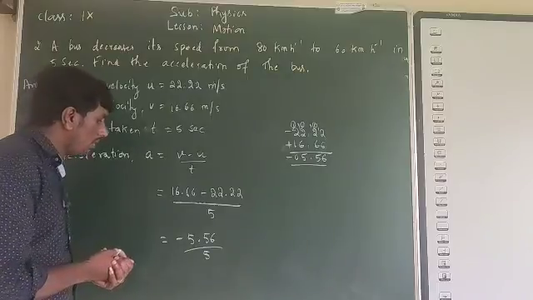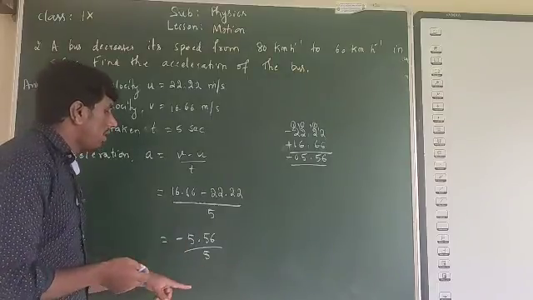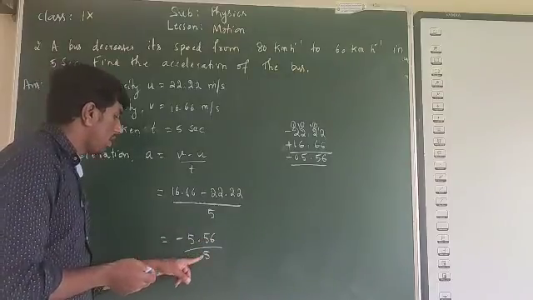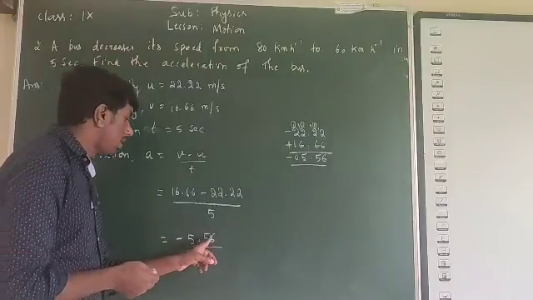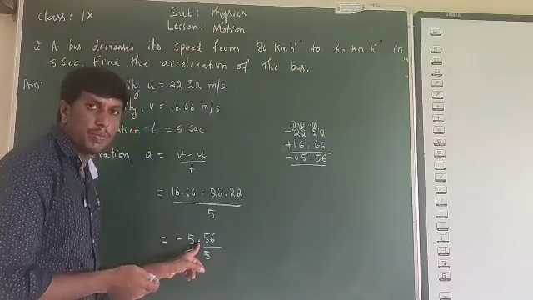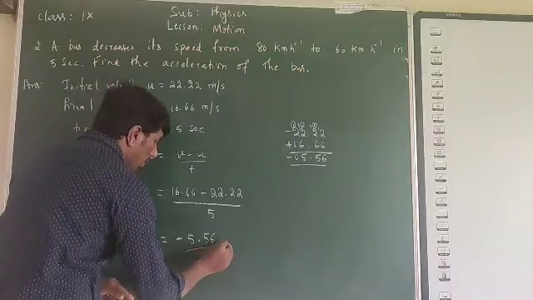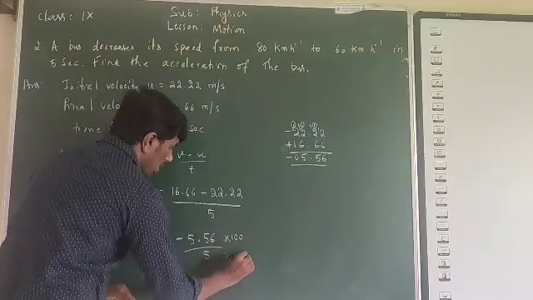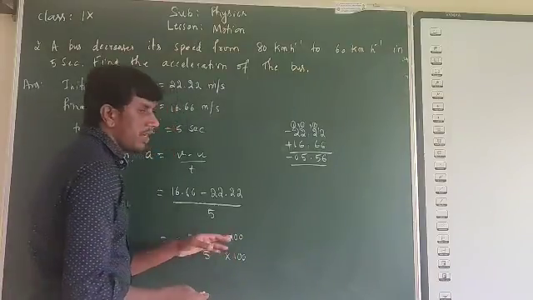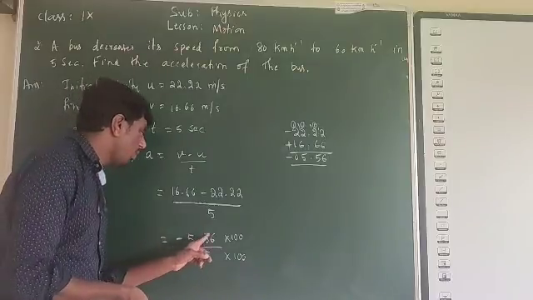So what will we do? We need to divide 5.56 by 5. Since we need to remove the decimal point, we will multiply by 100. Multiply the numerator and denominator by 100 to remove the decimal point.